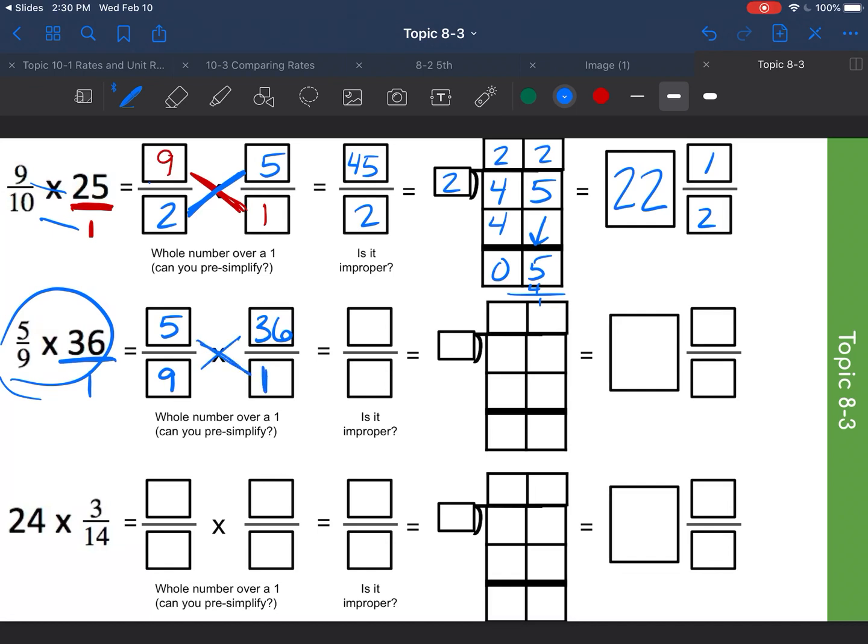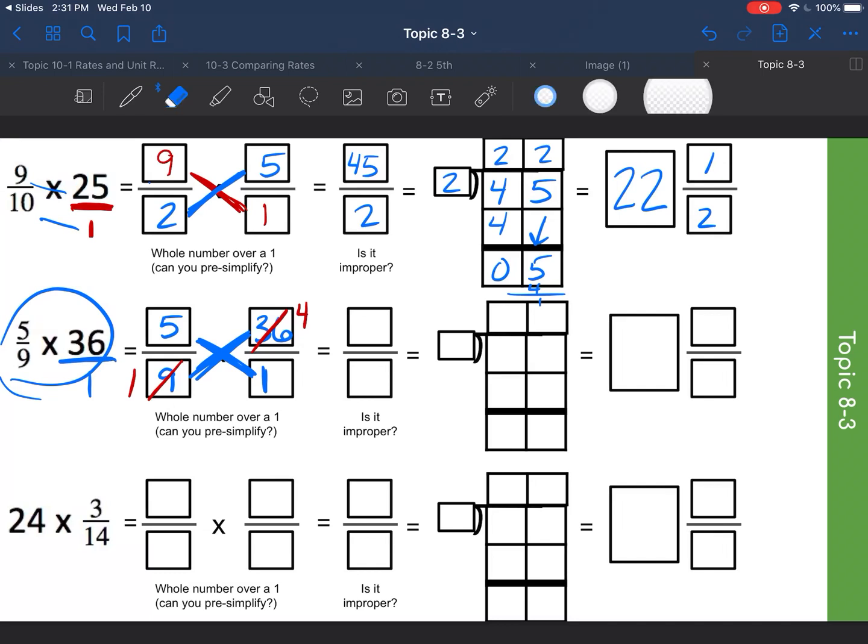So again, if we look diagonally, 5 and 1, they don't have any common factors, but 36 and 9 do. What number can go into 9 and 36? Well, 9 can. So 9 divided by 9 is 1. 36 divided by 9 is 4.